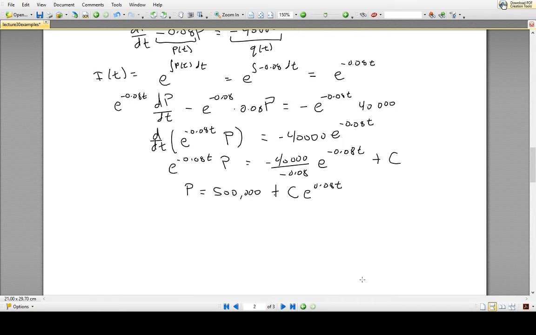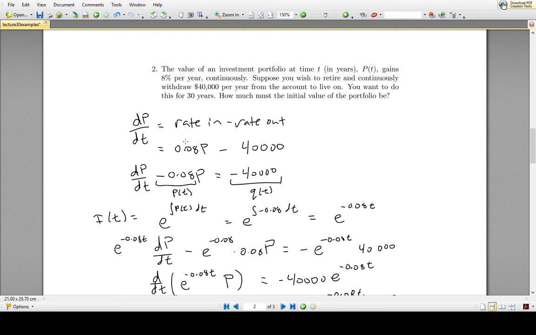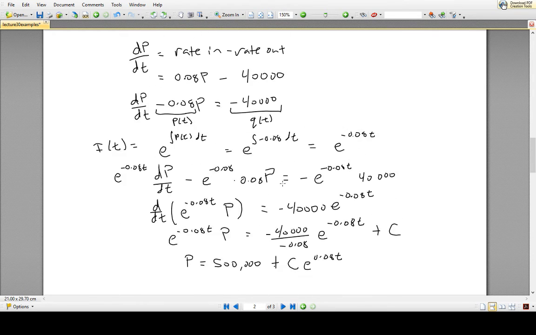Okay, so this is our value of the portfolio at a given time t, but we don't know the value of this constant here. So what other piece of information are we given? We're given that after 30 years, we want the amount of our portfolio to be 0.